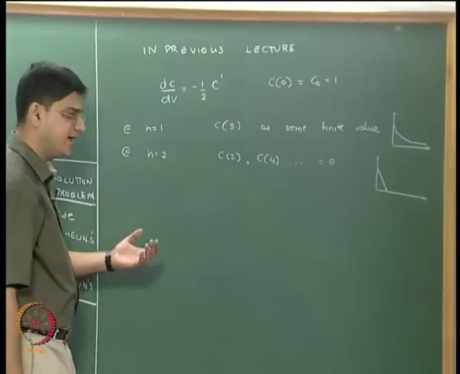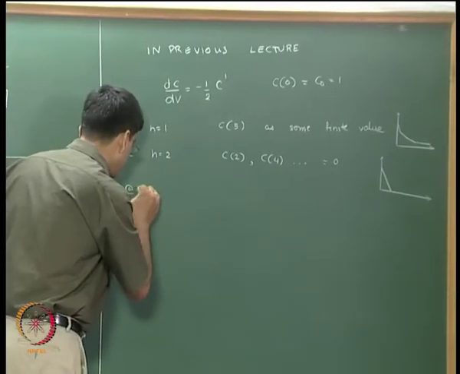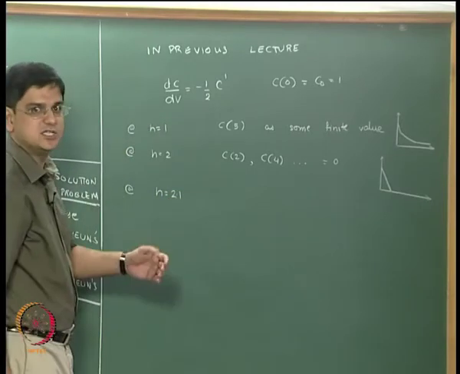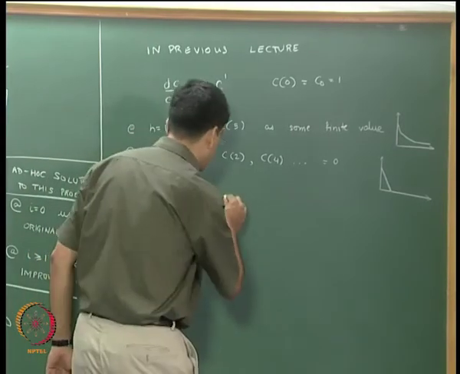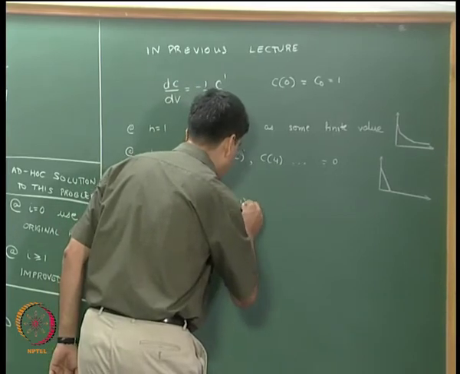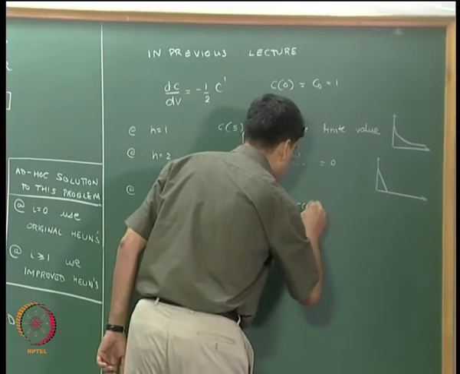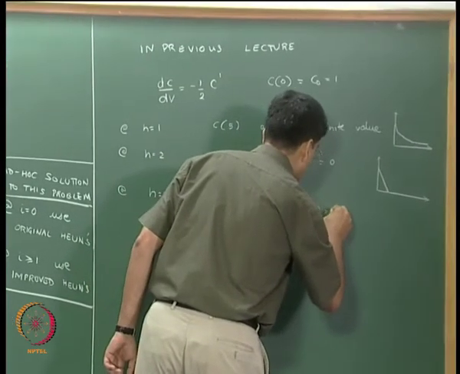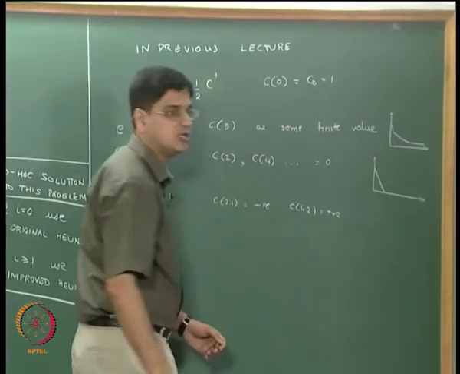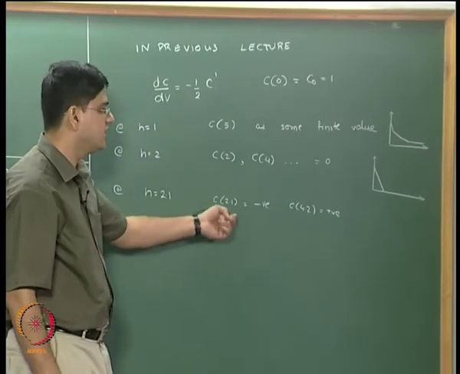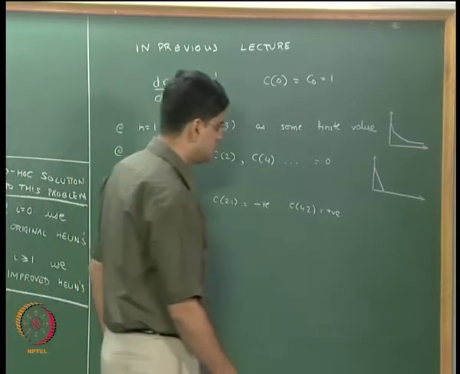Next we considered a higher h equal to 2.1. At h equal to 2.1, what happened is C at 2.1 was negative, C at 4.2 was positive, and so on and so forth. So we saw some amount of oscillations taking place in this particular system.